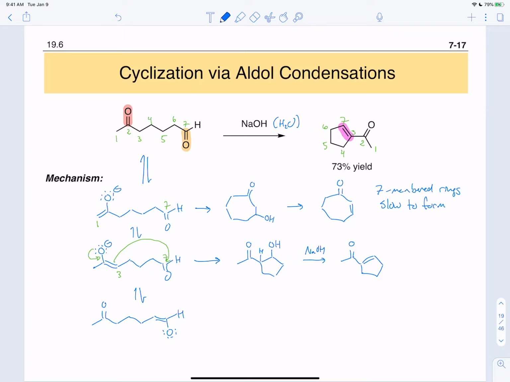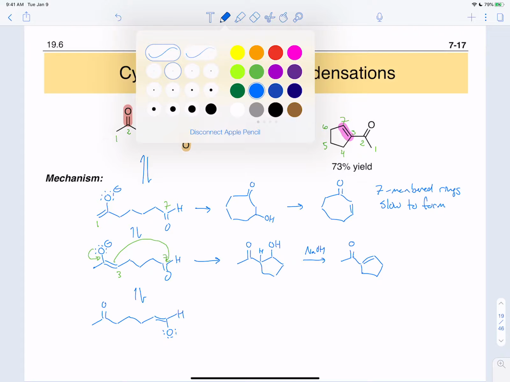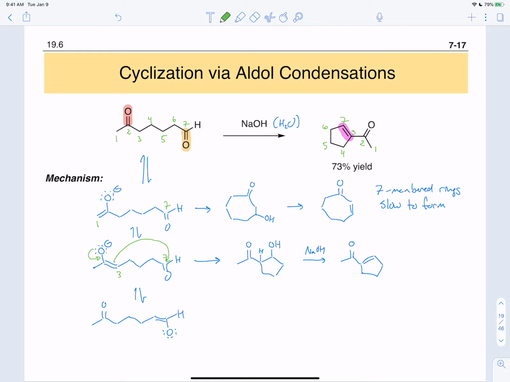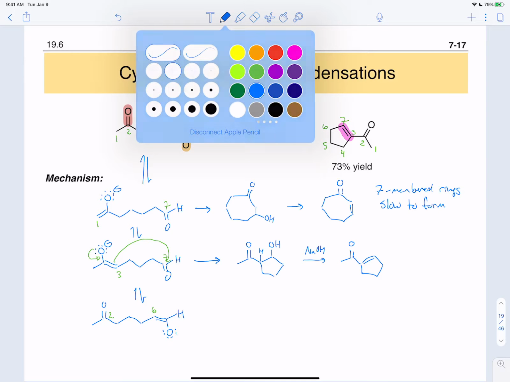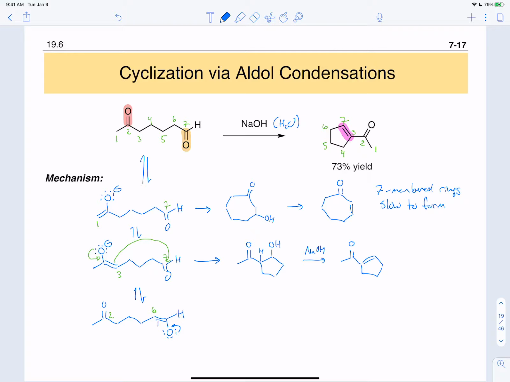If we go and look at the last example, now we have a reaction taking place between carbons 6 and 2. If we were to hypothetically draw this arrow, this will also make a 5-membered ring. But now we're going to use a slightly different argument for why this process will not be as favored.